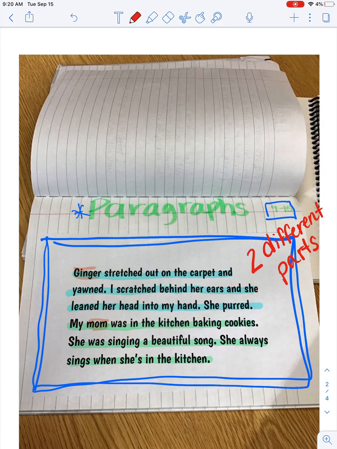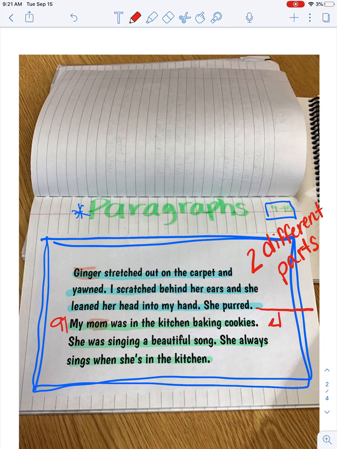So where would I put the new paragraph? If I was going to rewrite this, where would I separate these two parts? My new paragraph would begin right here, where I start talking about a new part, which means I would not keep writing here. I would stop. No matter how much space I have left over, I would stop.